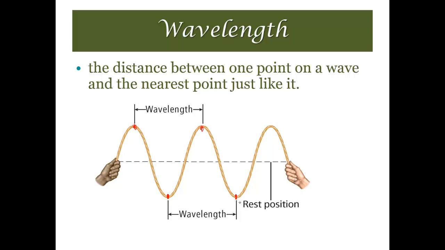Another term that we use here in physics, we call it crest to crest or trough to trough. Those are called wavelengths. Okay? And so that's the distance between one point on a wave to the nearest point just like it. So that's a wavelength. So crest to crest, trough to trough. So this here is a wavelength. If we kept going down here, that would be a wavelength.